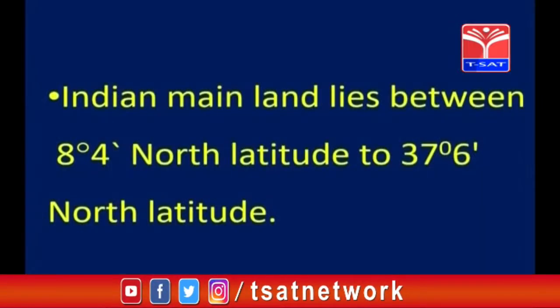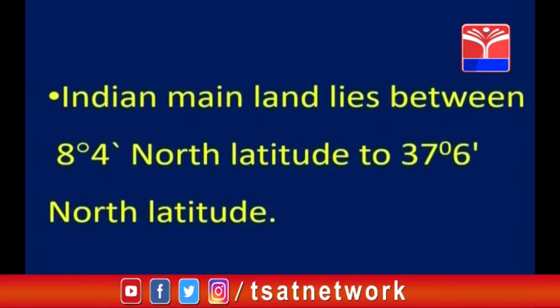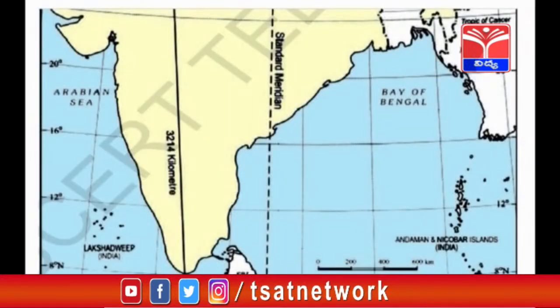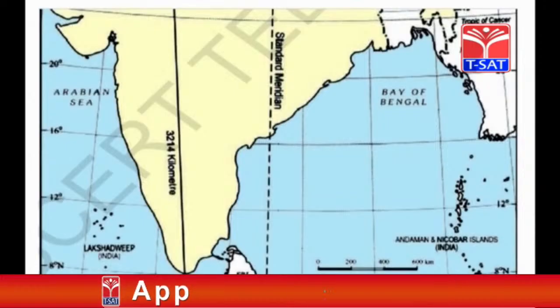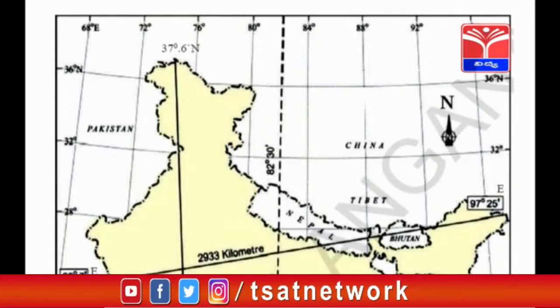When we see the main latitudes and longitudes of our country, the Indian mainland lies between 8 degrees 4 minutes of the northern latitude to 37 degrees 6 minutes of the northern latitude. Here see this map: India is located at 8 degrees 4 minutes towards the southern part, the mainland, and at the top it is at 37 degrees 6 minutes of the northern latitude up to Jammu and Kashmir.